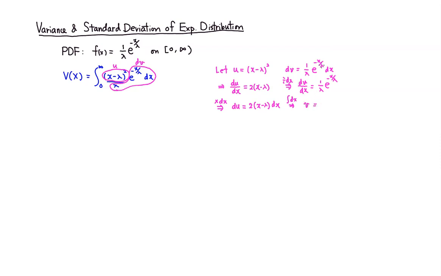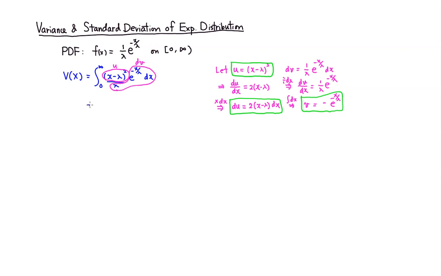So this is e to the negative x over lambda divided by negative 1 over lambda. The 1 over lambda and 1 over lambda cancel out, and you just have a negative sign there. So we need u, du, and dv to complete the integration by parts, just the first iteration anyway.